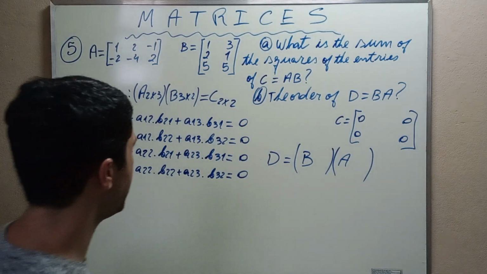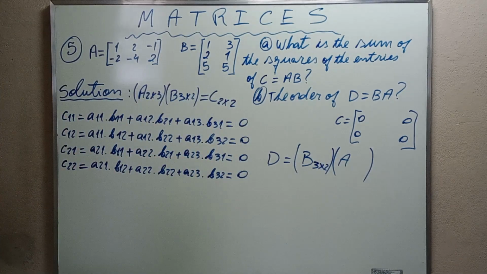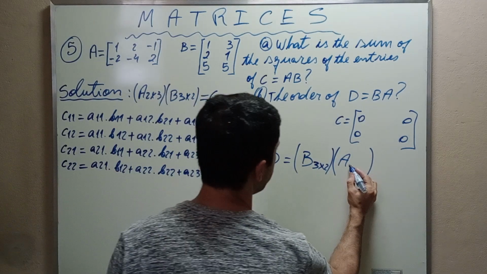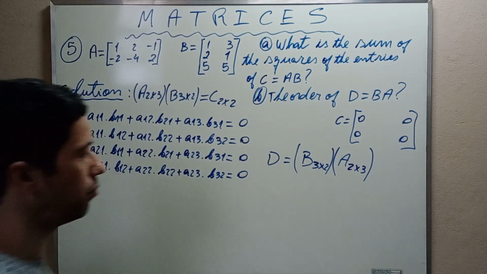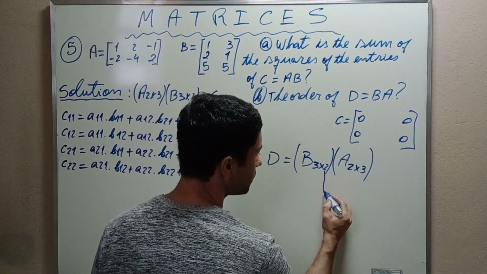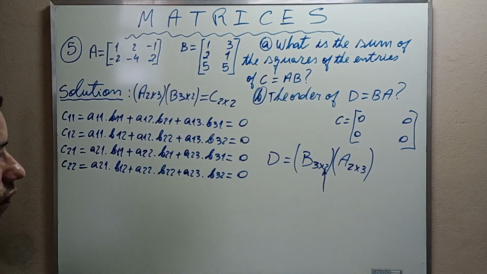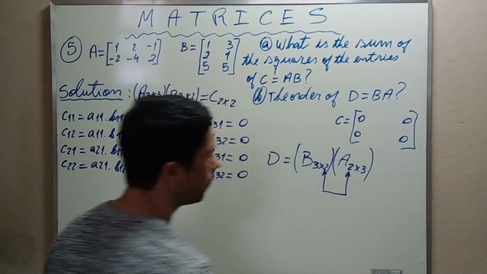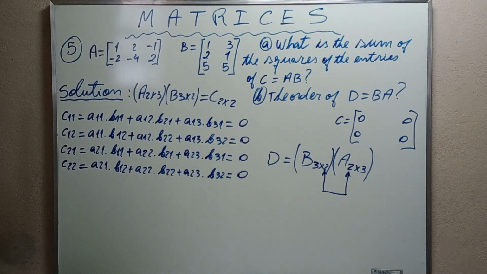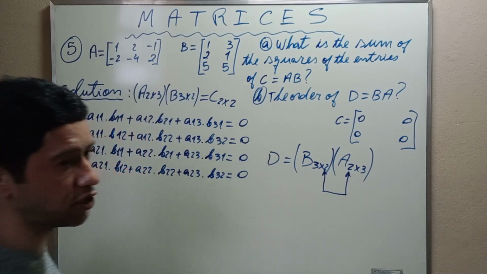B is a 3 by 2 matrix and A is a 2 by 3 matrix. Observe that the number of columns of the first matrix has to be equal to the number of rows of the second matrix. When this condition is verified, this product is possible.